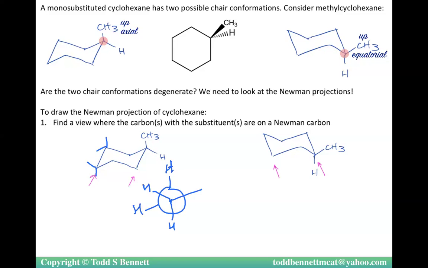Okay. On this carbon here, I'm going to have another dot, another circle. So that's this connection right there. I'm also going to have an H and an H on front. On the back, I have my CH3 up and my H there.